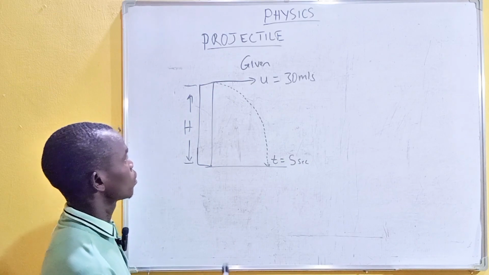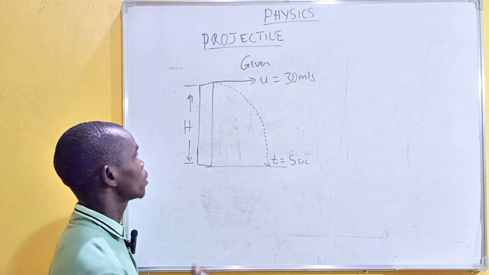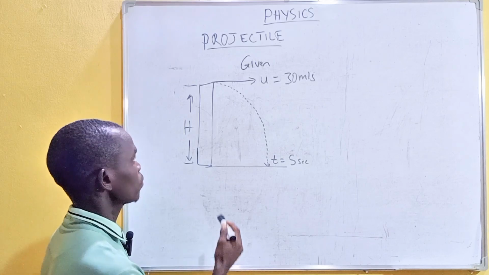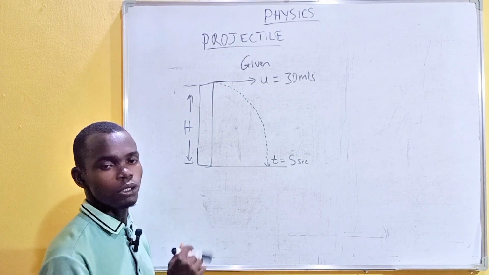If you look at the question, we are asked to find the height of the hill, and we will only consider the vertical motion.